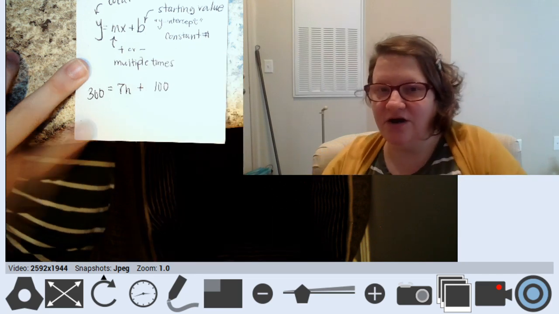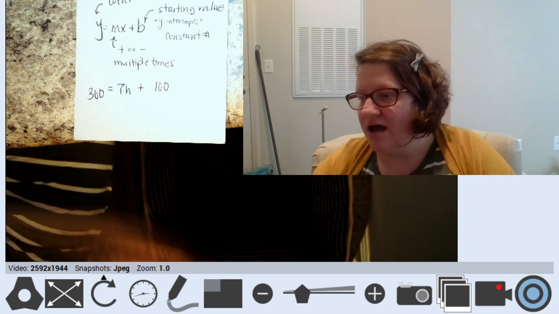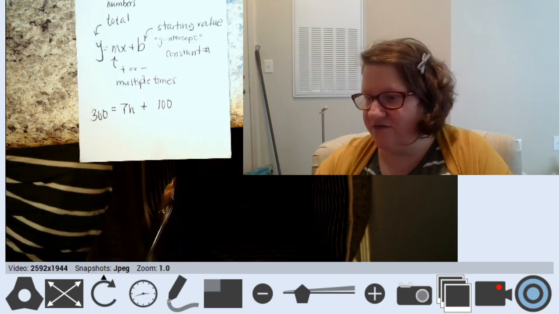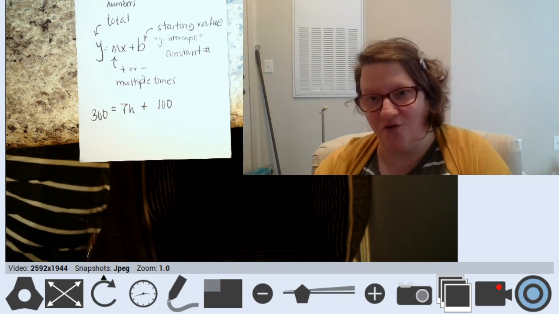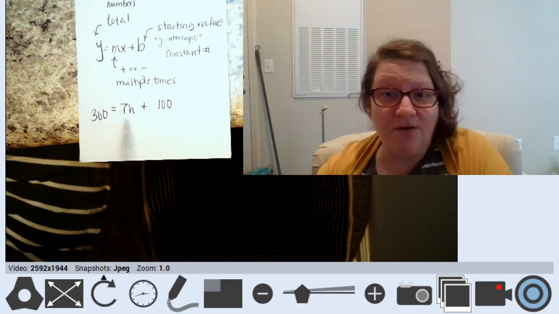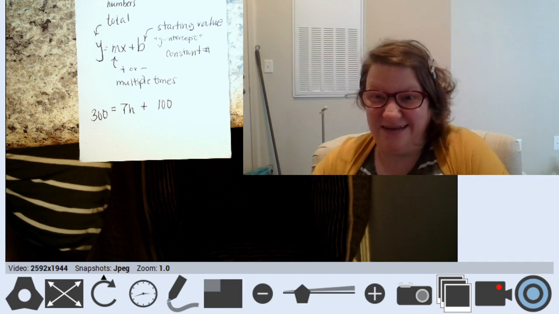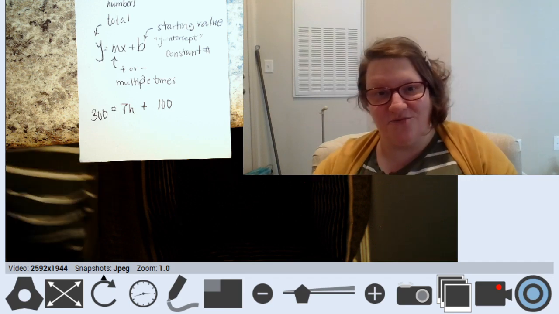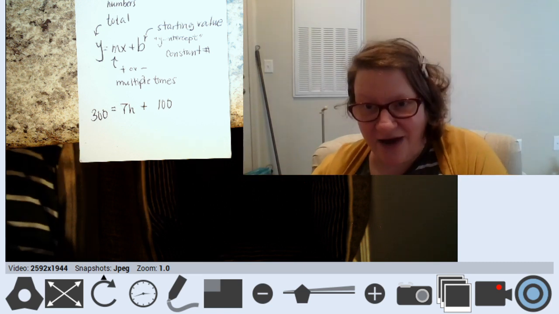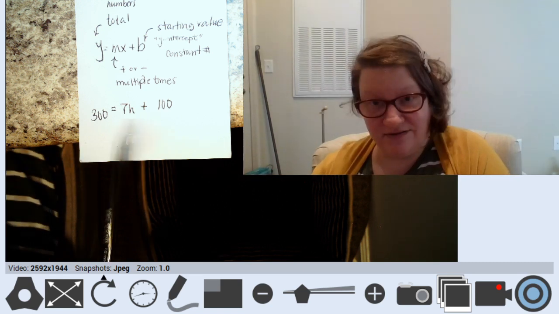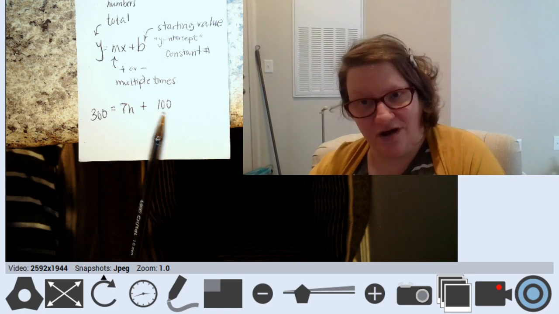Okay. So in this situation, this is our starting value. We have $100 at the start of our job before we begin it. If we worked 0 hours, maybe we decided we didn't like the manager at Wendy's, we didn't want to work there, if we got 0 hours at Wendy's, we would still have $100.